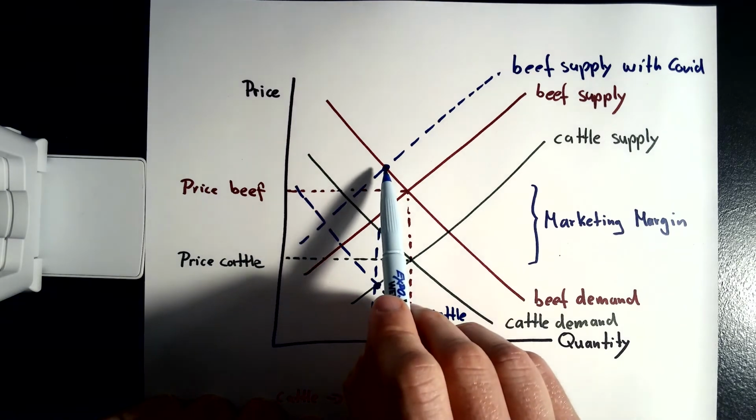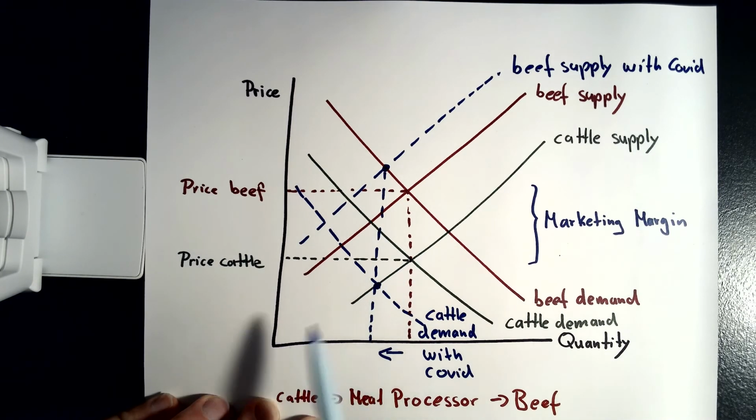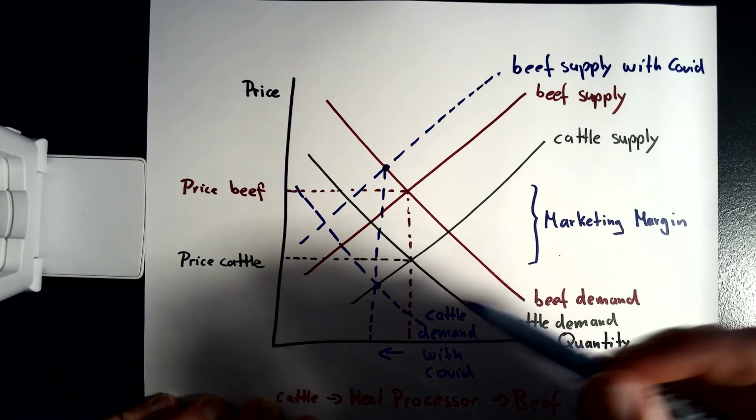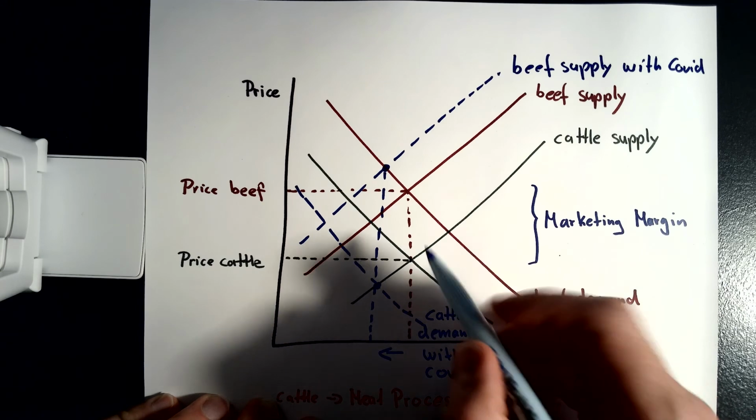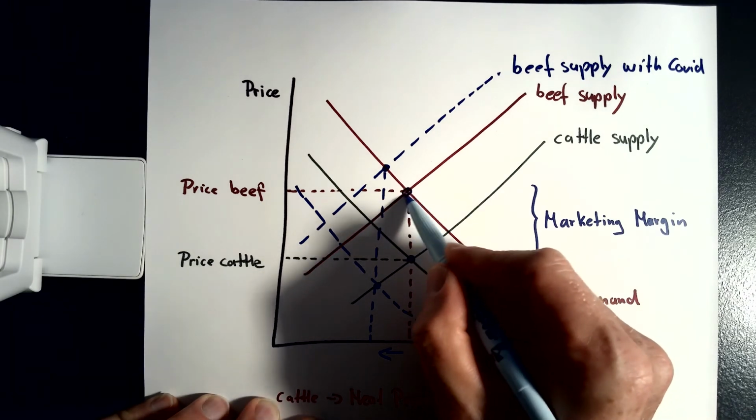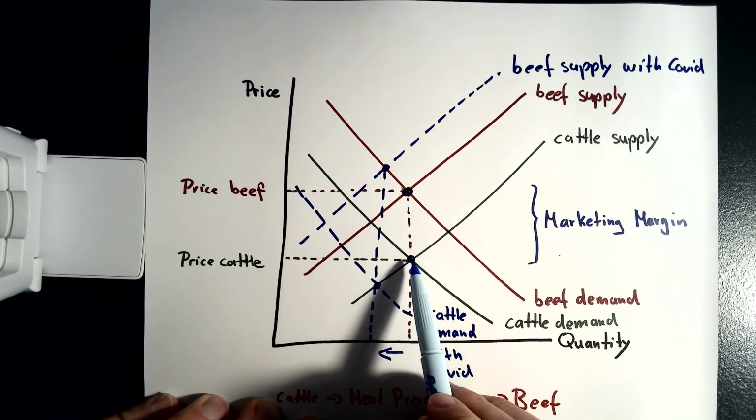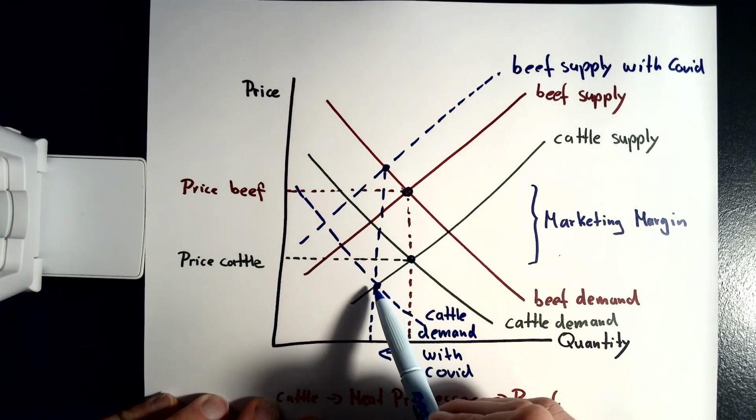We have a higher price for beef and a lower price for cattle. And hence the marketing margin increased from this distance to this distance.